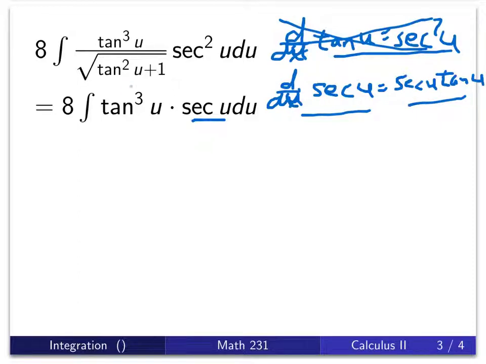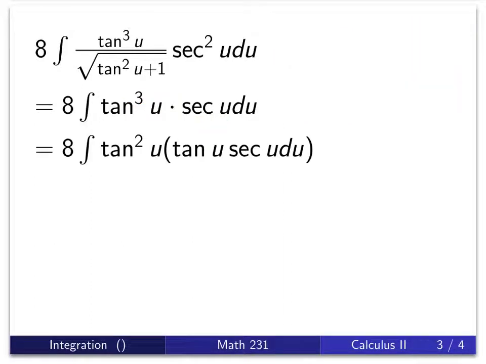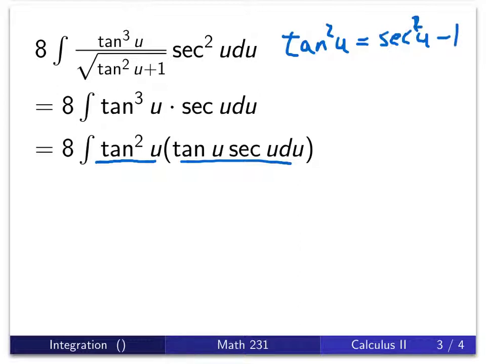In order to do that, we're going to need to pull off one factor of the tangent of u. That leaves me with tangent squared of u. But remember, this is the derivative of the secant of u. So I have to write the tangent squared of u in terms of the secant of u, and if you solve that one equation we had a few moments ago, tangent squared of u is simply equal to the secant squared of u minus 1.